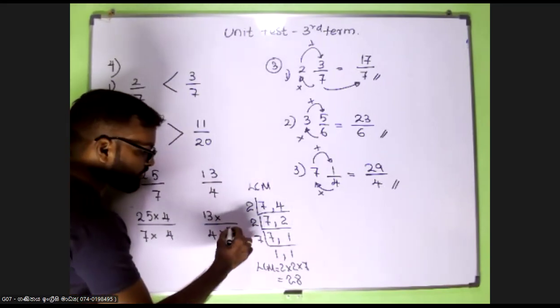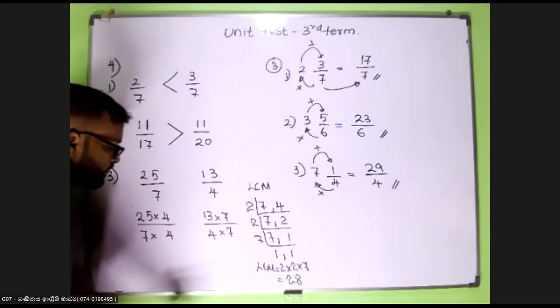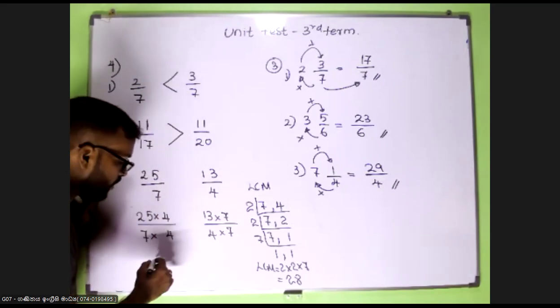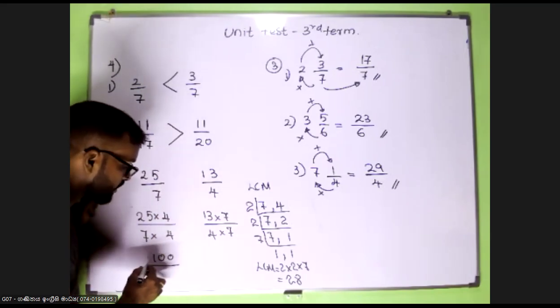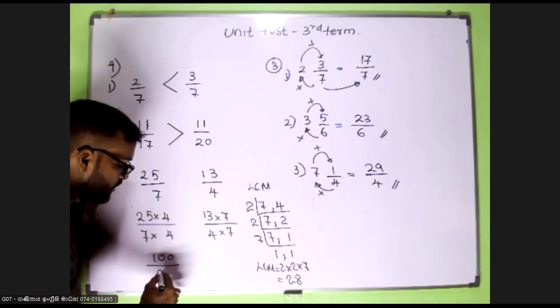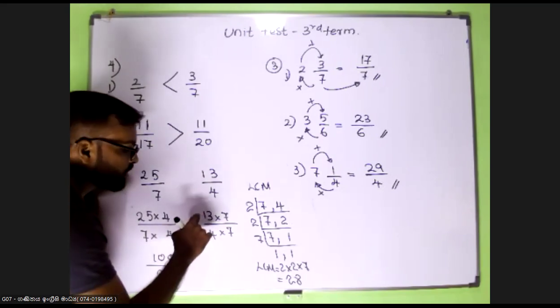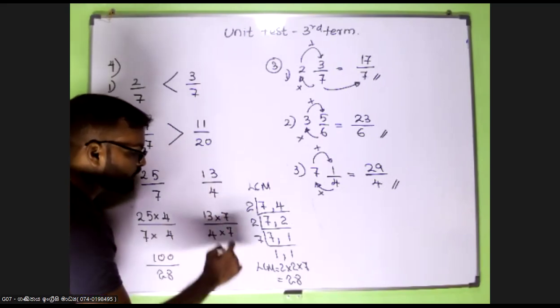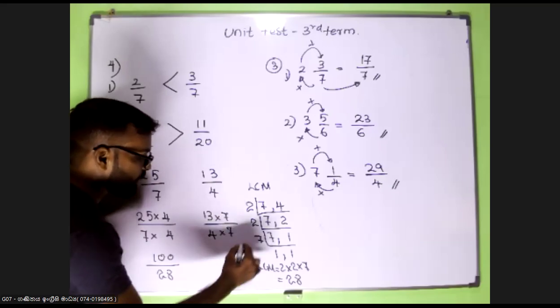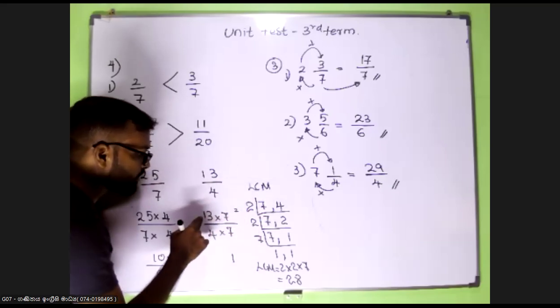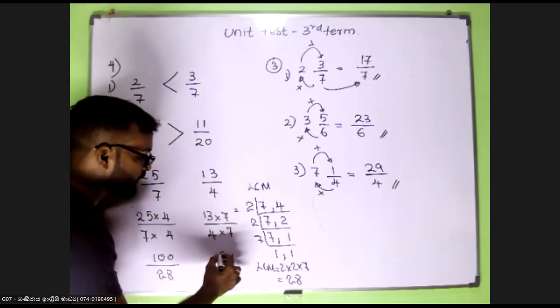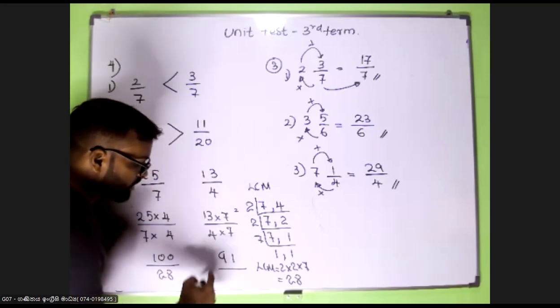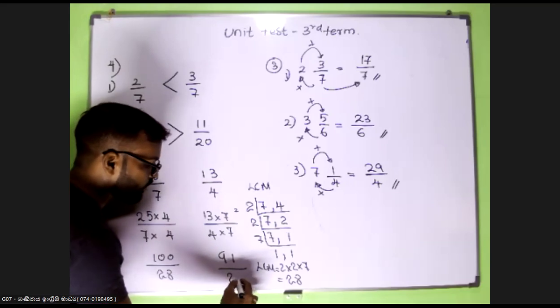By multiplying by 7, right? So 25 into 4, 100. Numerator is 100. 7 into 4, denominator is 28. Numerator 13 into 7. 7 times 3, 21. 2 is the remainder. 7 into 1, 7 plus 2, 9. 91. Right? Now 4 into 7, 28.